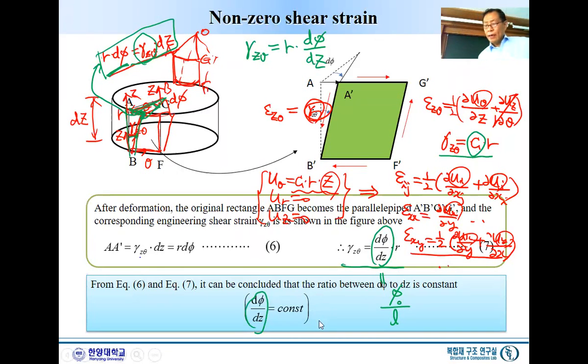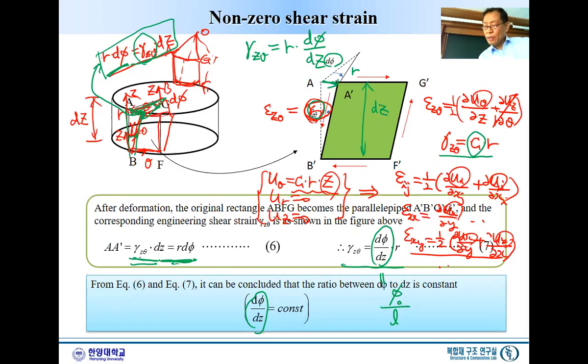Okay, so again, I have this one, A and A prime, which is this one, but that is the d phi, and this is the R. Okay, R times d phi is this one, and gamma z theta times dz, not shown here, but this height is a dz.